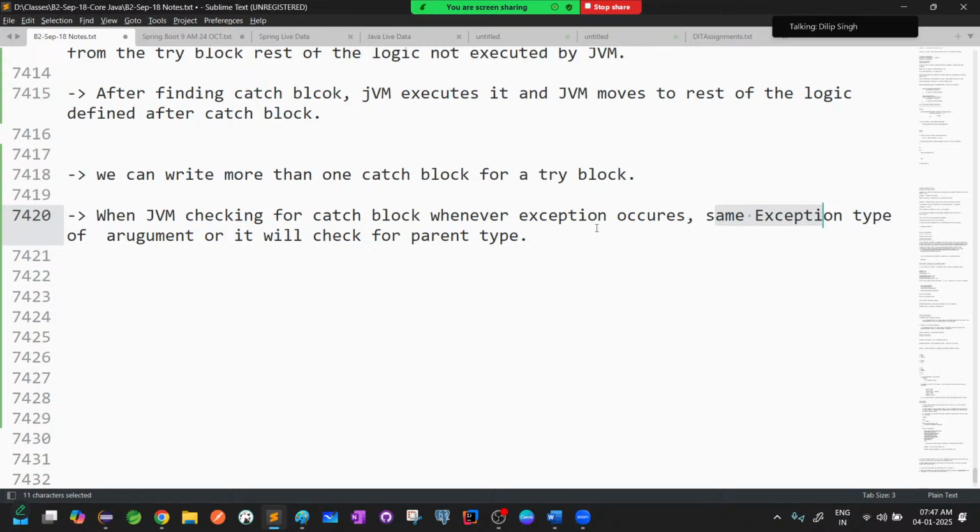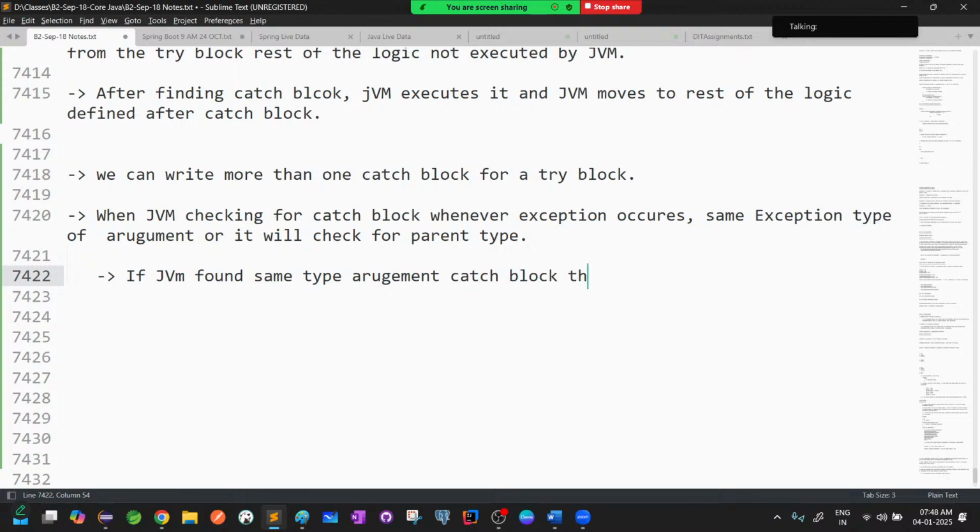So in this case, if the JVM finds a catch block with the same type of argument, that will be executed.